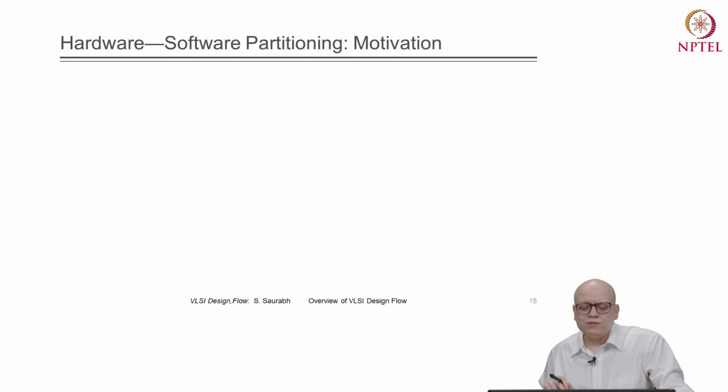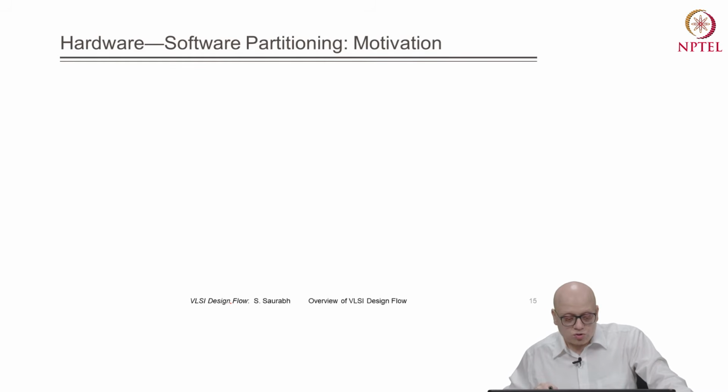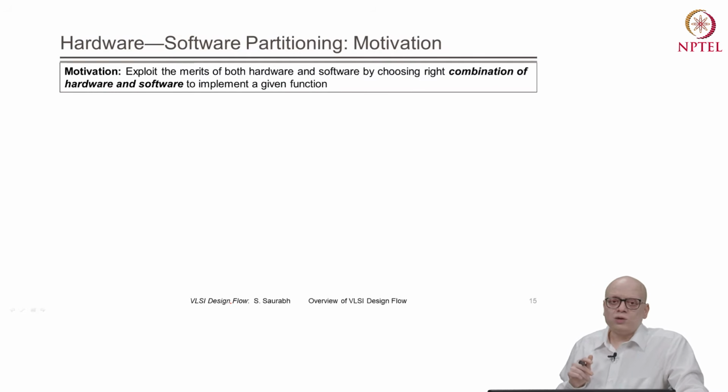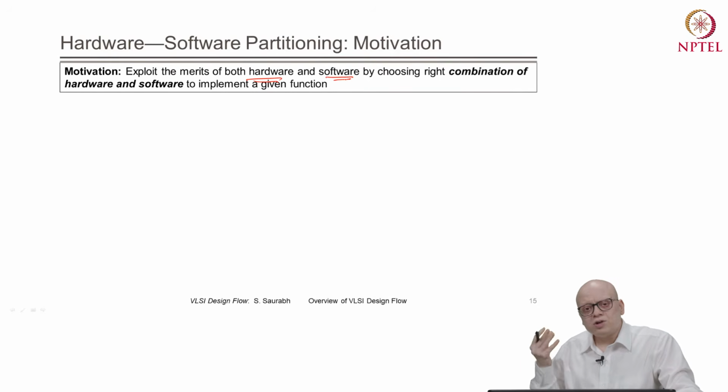So what is hardware software partitioning and why do we want to do it? The motivation for doing hardware software partitioning is that we want to exploit the merits of both hardware and software. Hardware has some merits and also some demerits, and software has some merits and also demerits.